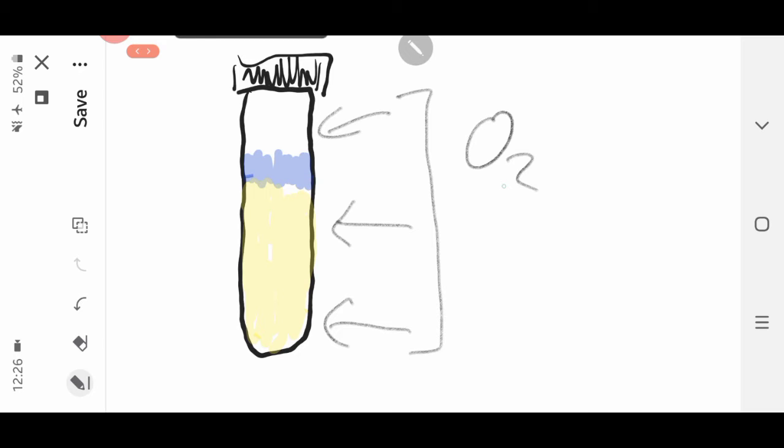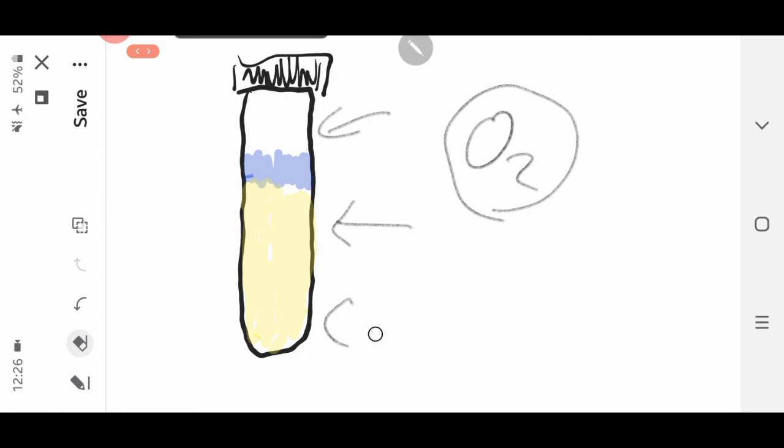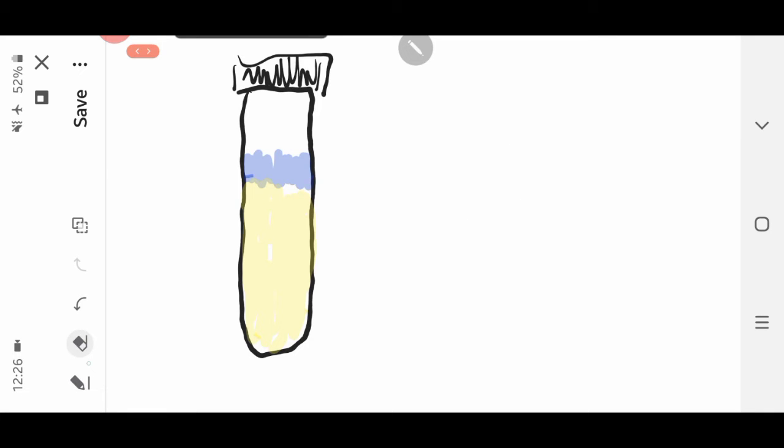Maybe we've gone over this before, maybe not. But remember, these are the thioglycolate broth tubes, and there are different amounts of oxygen available. That's going to dictate what happens in the tube. If you can imagine there are different amounts of oxygen in this tube, then organisms will grow in different places.